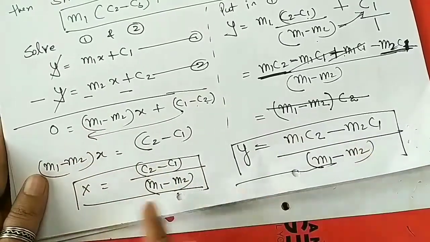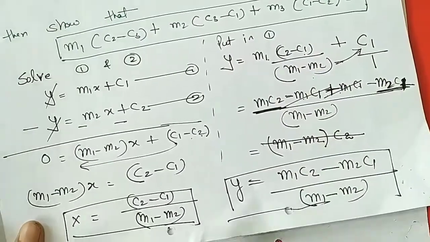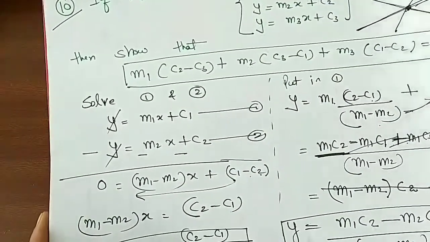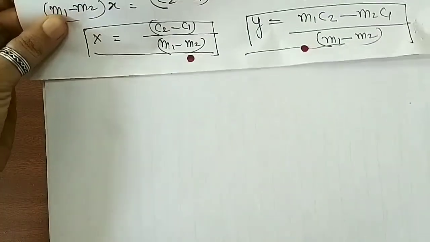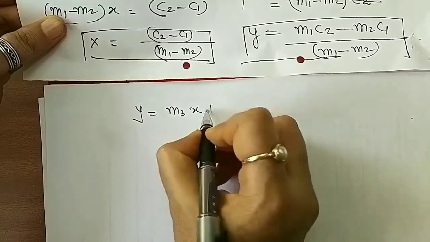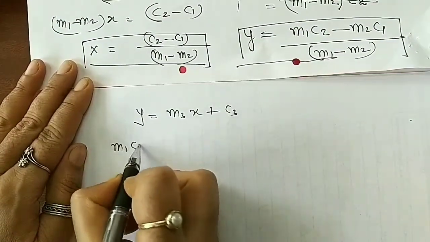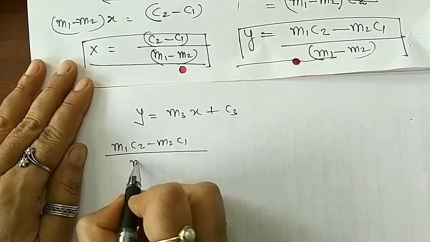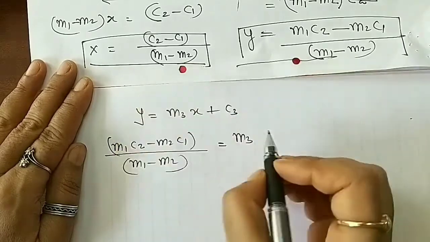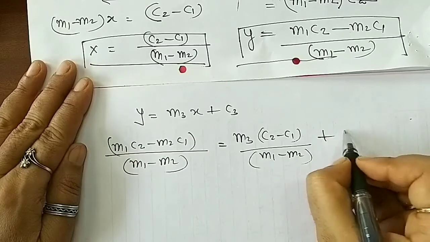So I got x comma y, which is this point of intersection. And this x and y I have to put in the third equation to get the condition. So let me start putting the values. My third equation is y is equal to m3x plus c3. So let me put y as this, (m1 c2 minus m2 c1) by (m1 minus m2), is equal to m3 into this, (c2 minus c1) by (m1 minus m2), plus c3.